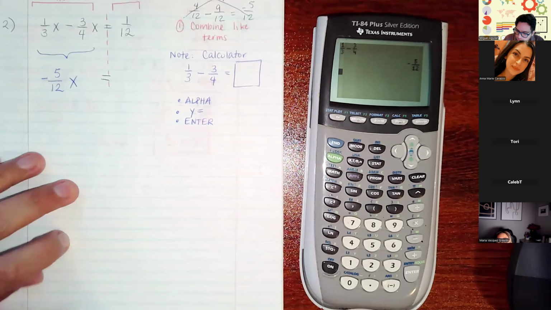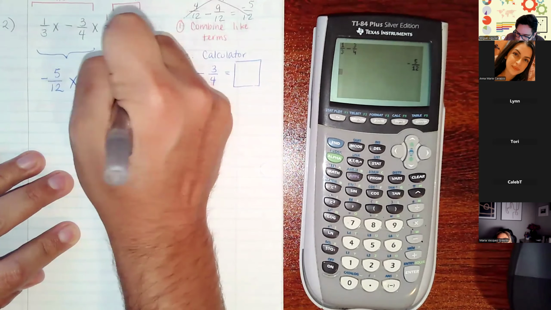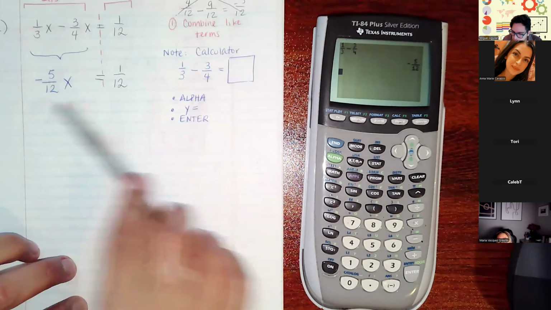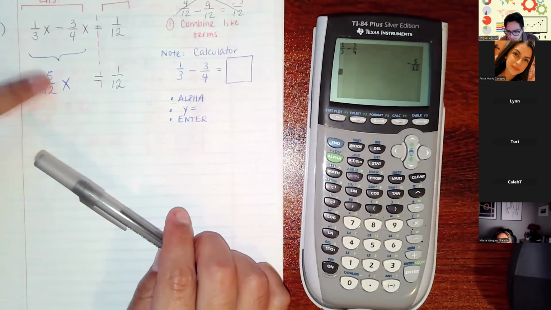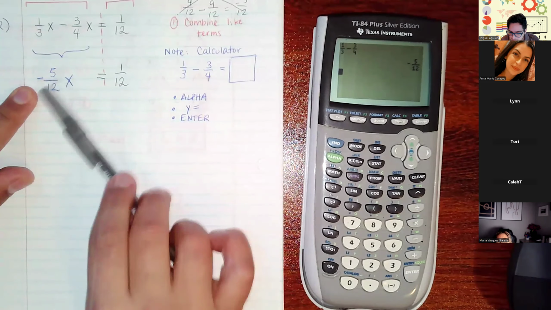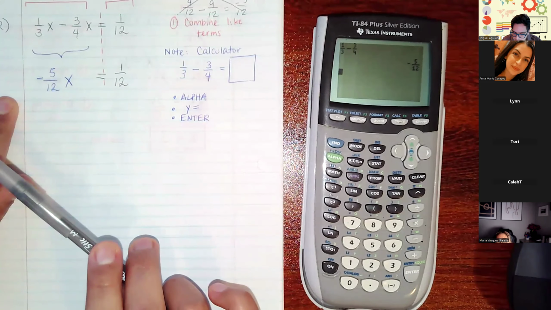So then we're back to the equation. We have -5/12x equals, and then we didn't do anything with the 1/12 here. Okay? Pretend for a moment that this was just a whole number, right? Something times x. What would I usually do at this step to get rid of that whole number? Divide.